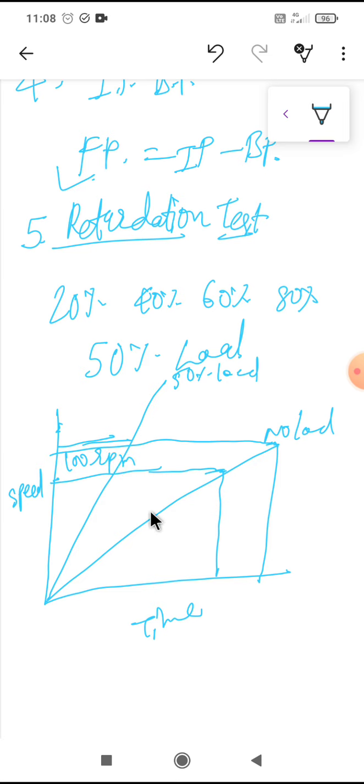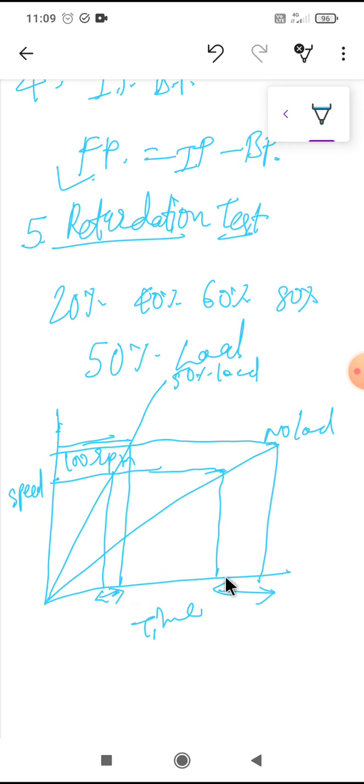Now we will measure the time taken for this fall: how much time is taken for 50% load, and how much time is taken for no load.